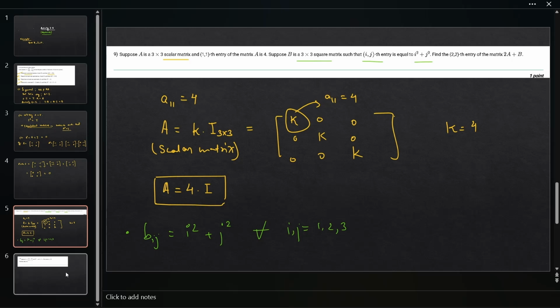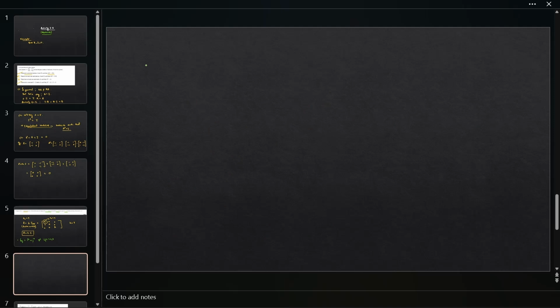So we know one thing, that if C is equal to A plus B, then Cij is equal to aij plus bij. So if we want C22, it's going to be A22 plus B22.